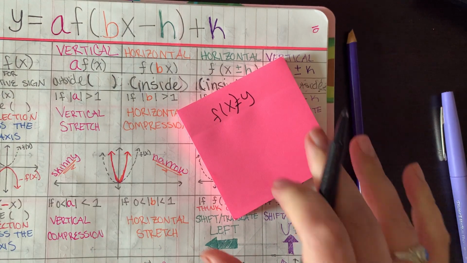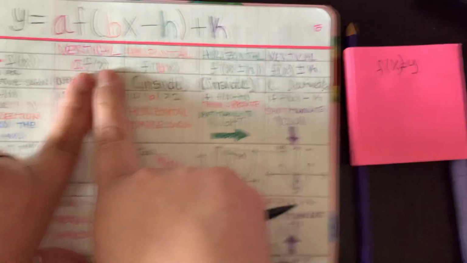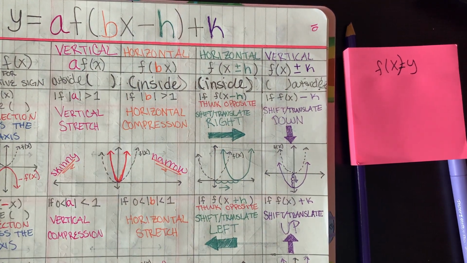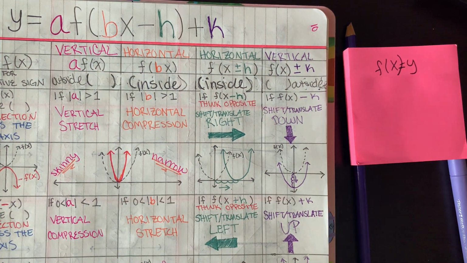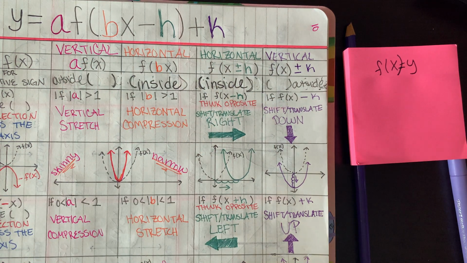So if f of x is equal to y, then that means that I'm multiplying a to f of x, which is really y. And what direction does y travel in? Well, it travels up and down, right? Which is why it makes sense that that transformation would be vertical.